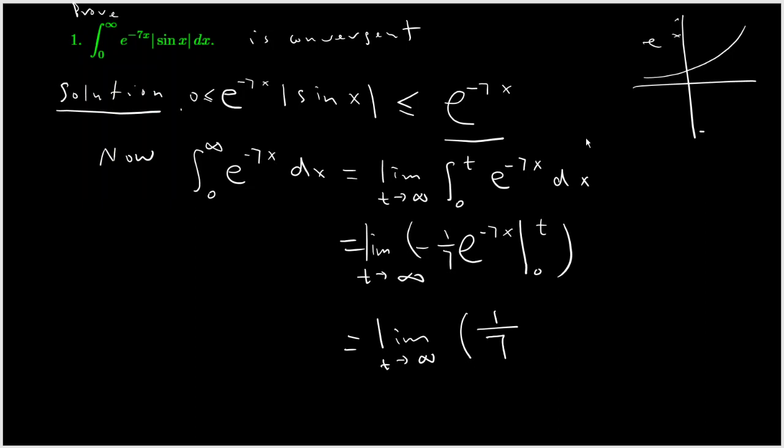You check the signs. I'm pretty sure I got this right. So the inside part, the answer to the definite integral, is 1/7. You plug 0 in, you have e to the power of 0 is equal to 1, and then minus 1/7 e to the power of -7t.